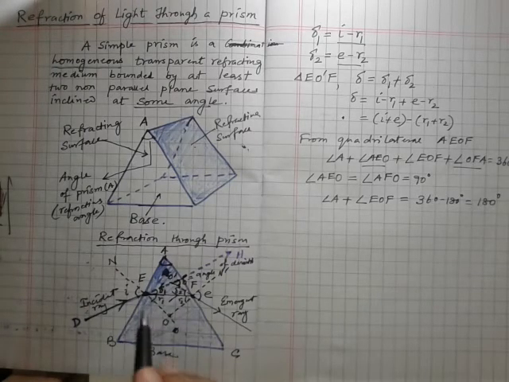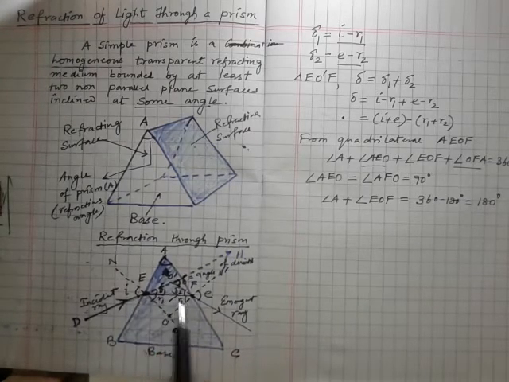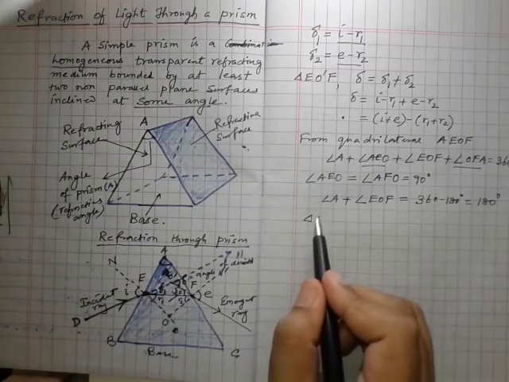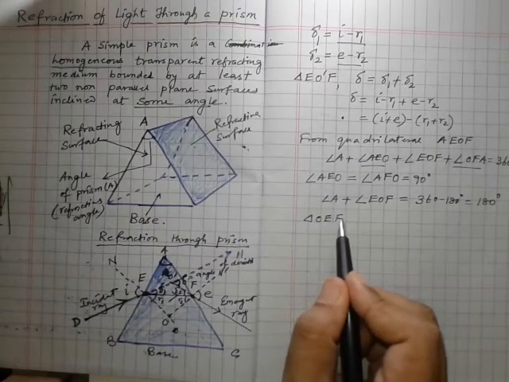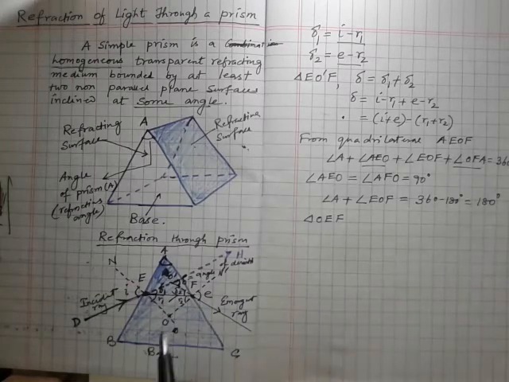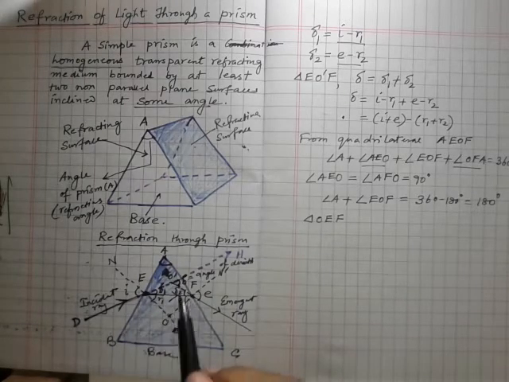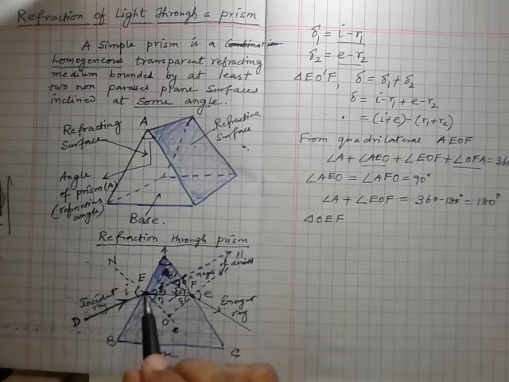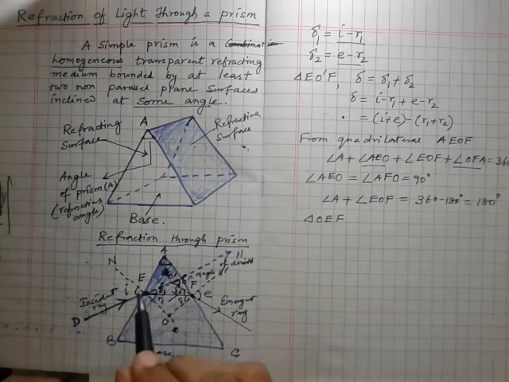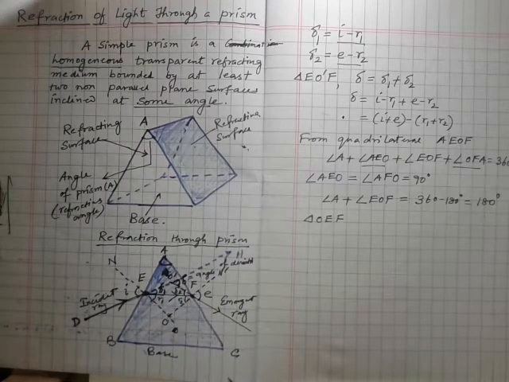And from triangle OEF, what can you say? Angle OEF plus angle EFO plus angle EOF is equal to 180 degrees.